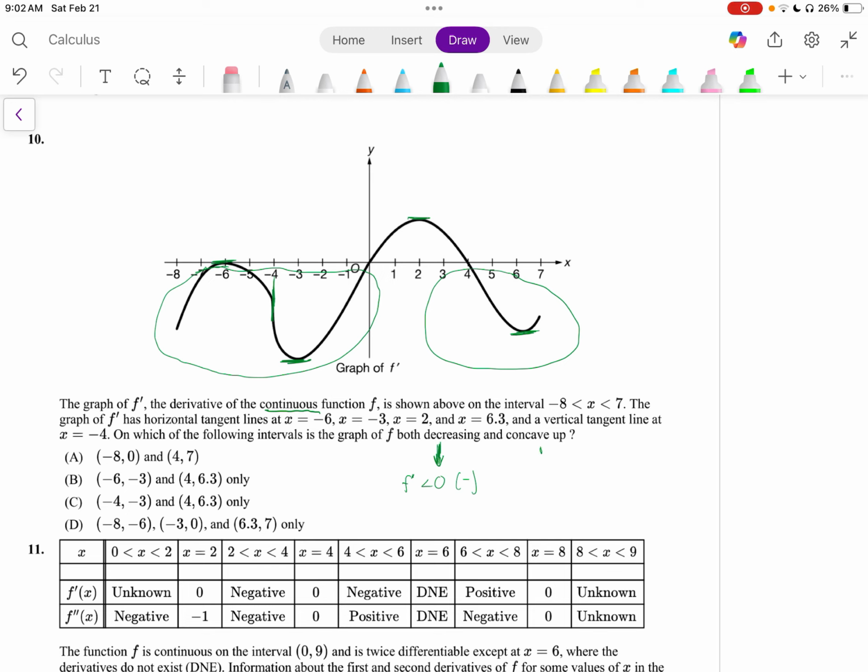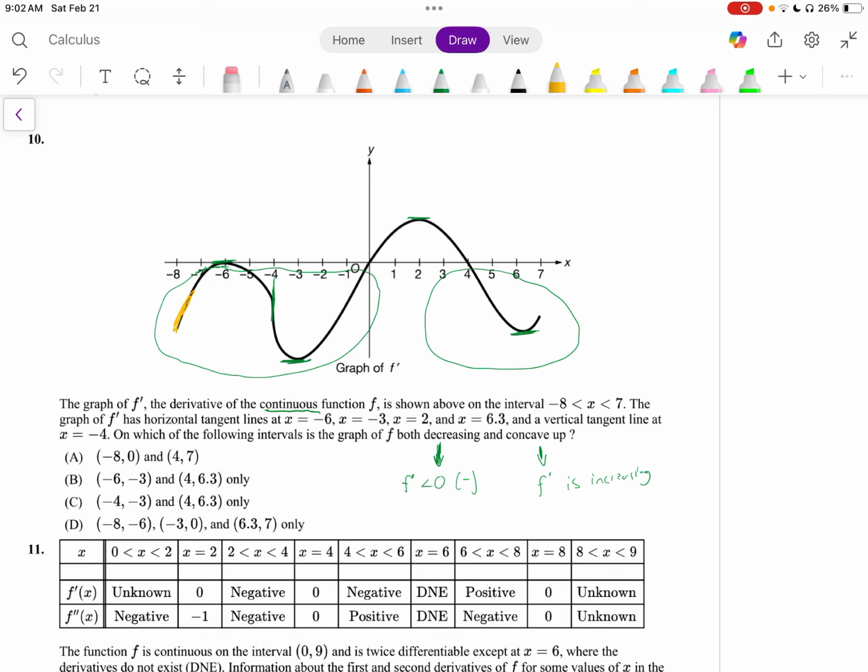Concave up, we learned, is when the derivative is increasing. So we want below 0, but increasing. Let's highlight this in yellow.